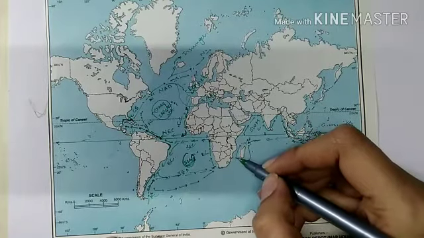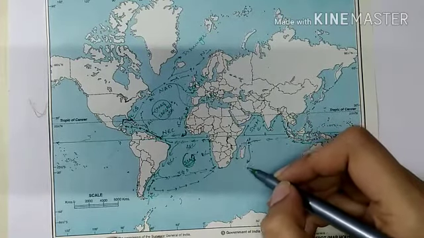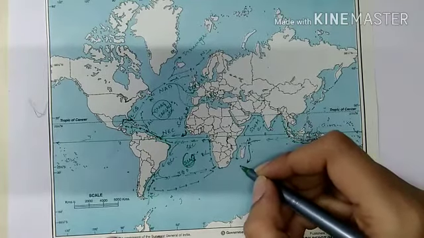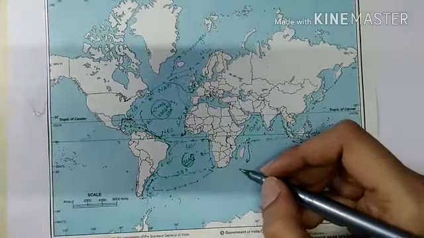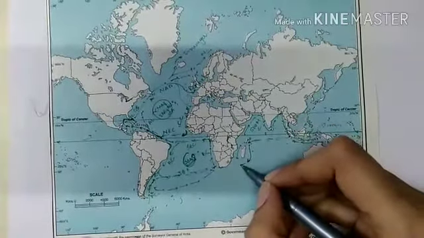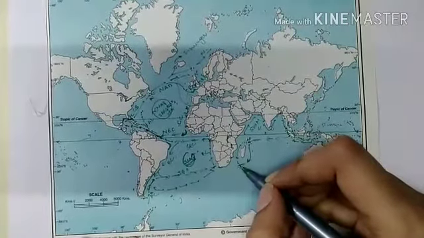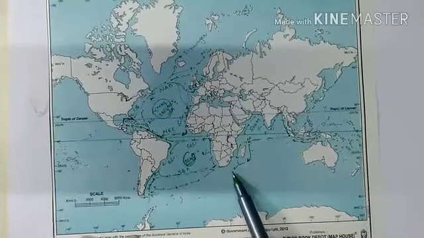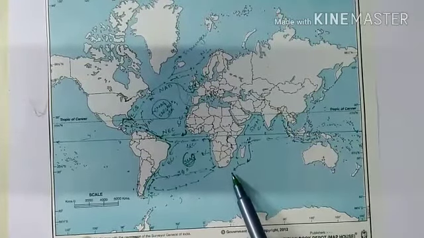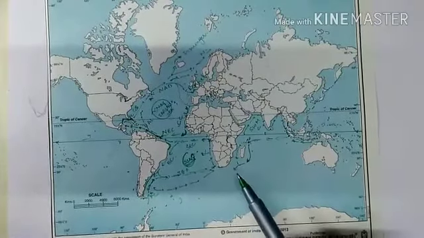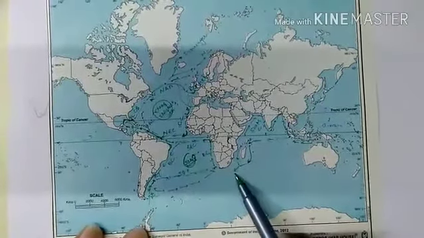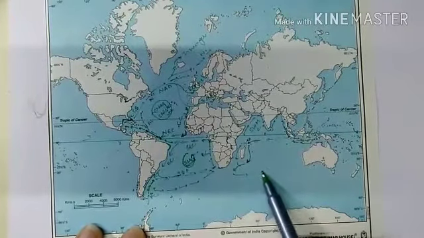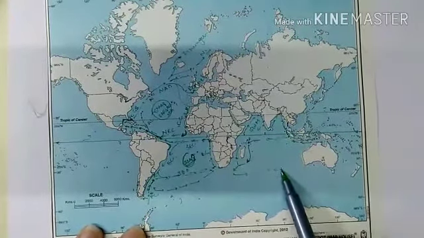So here we have the Mozambique current, here we have the Madagascar current, and these currents merge near Agulhas and are known as the Agulhas current. Now this Agulhas current comes under the influence of westerlies and moves towards the west, and this is known as the west wind drift.